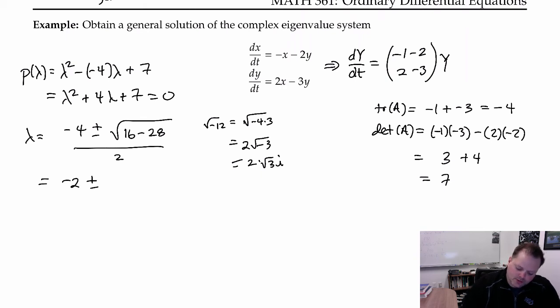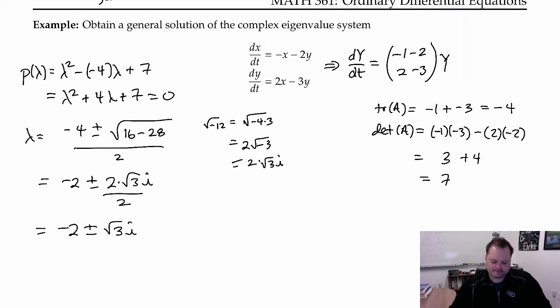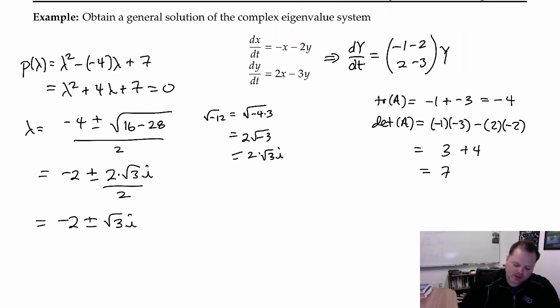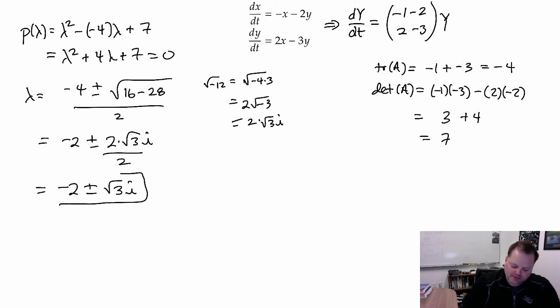Yes. So 2 square root 3i, but I'm dividing this by 2, right? So this is -2 plus or minus square root 3i. Just double check. Looks good. Okay, so these are my eigenvalues.